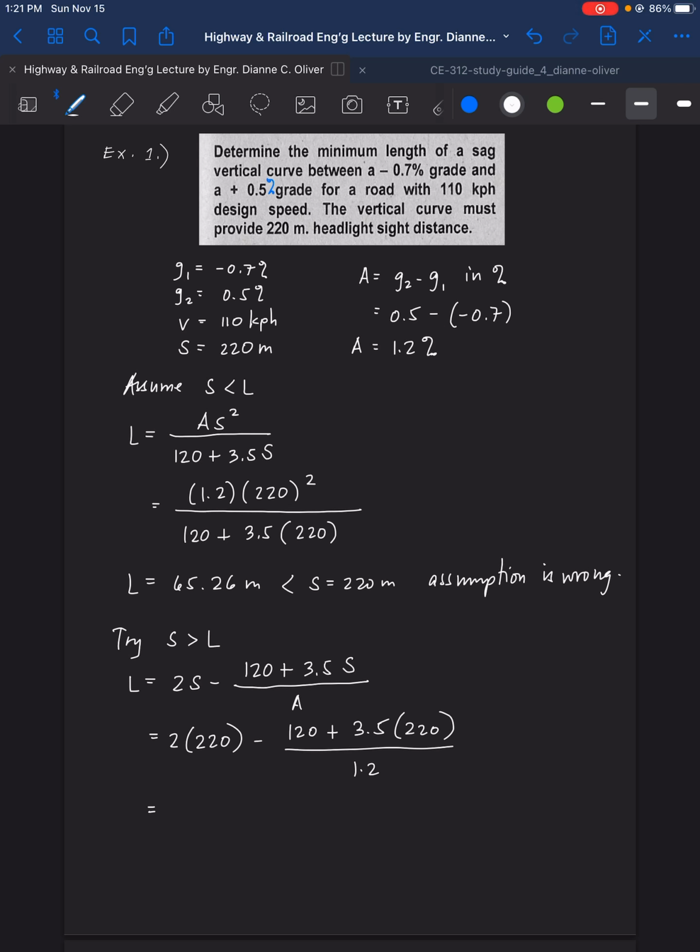So L now is equal to negative 301.67. So it's a negative value. So, well, we will not use that.